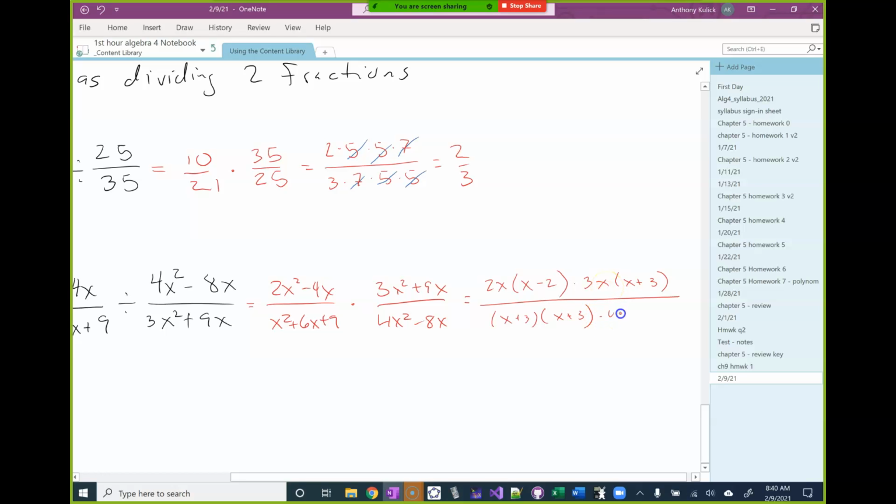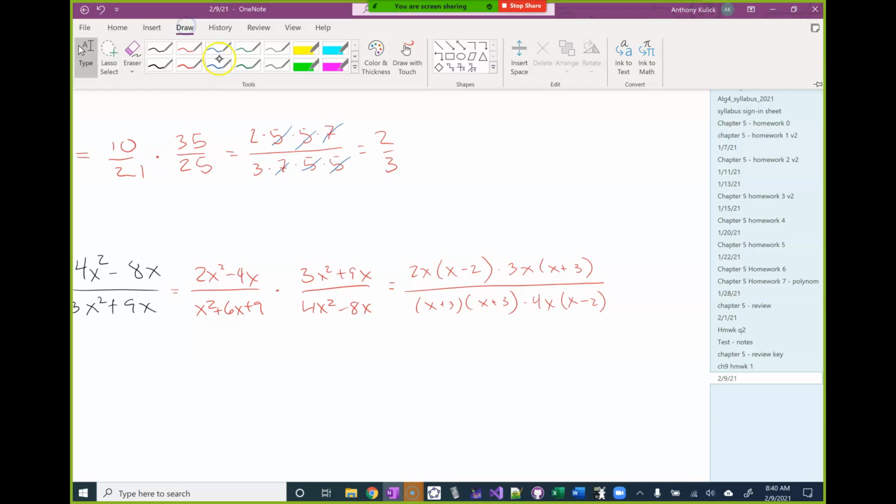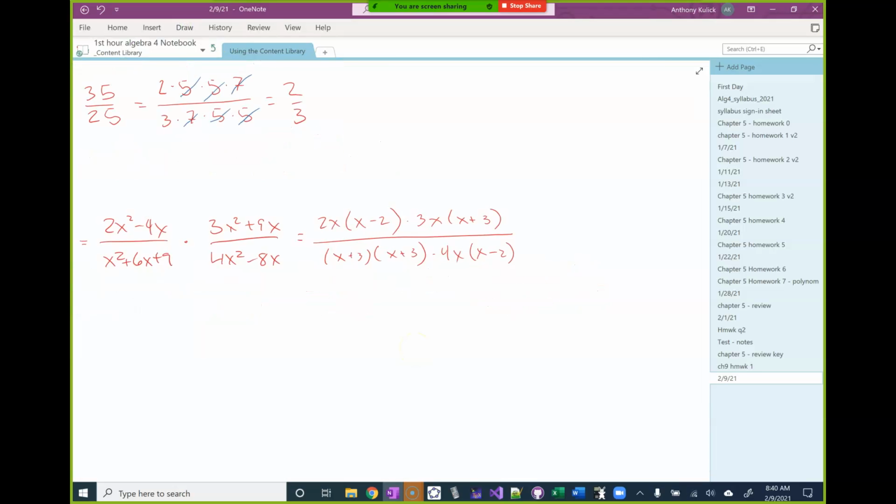All right. To reduce, what do you guys see that can reduce? Okay, so I can only reduce one of them because I only have one in the numerator, but that's okay, absolutely. What else? X minus 2 is good. Anything else?